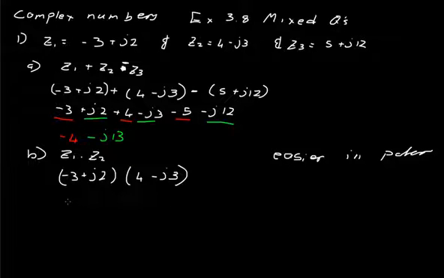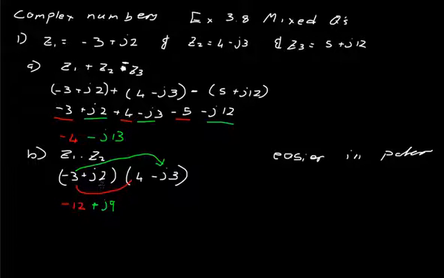So let's quickly do this multiplication, and once again we just do normal FOIL. We've got firsts, which is minus 3 times 4, so that's minus 12. Then outers is minus 3 times minus j3, which is minus 3 times minus 3 is plus 9, and carry the j, so plus 9j.